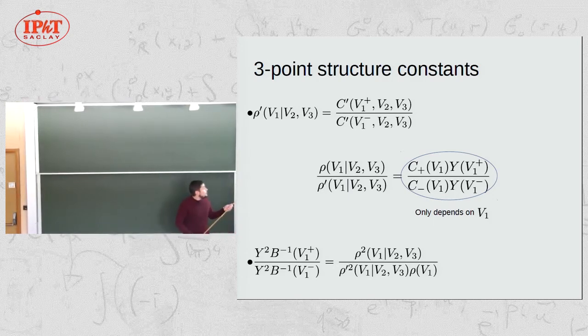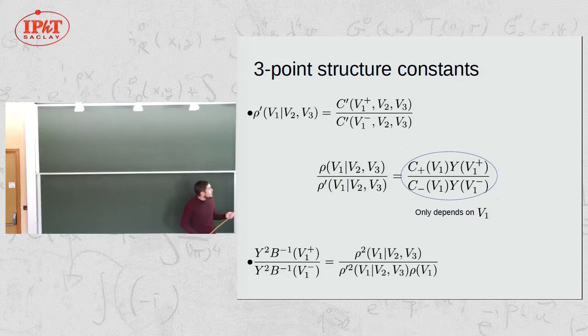And thus if we find an ansatz for C prime such that rho prime can account for the dependence of rho on the 3 fields, then we would have found a suitable solution for the 3-point structure constant.